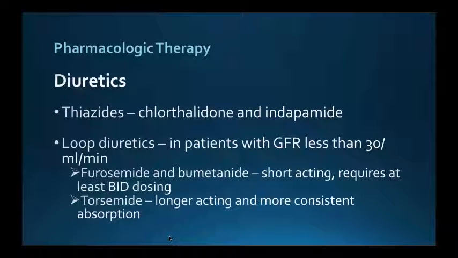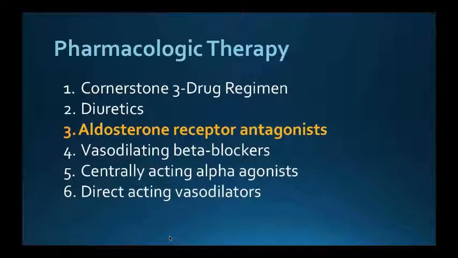Torsemide, or I believe in the Philippines this is toracimide, has the advantage of being longer acting and has more consistent absorption, so it could be potentially more effective than furosemide or bumetanide.